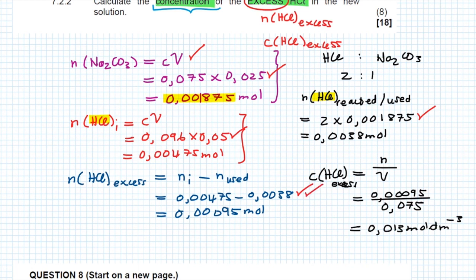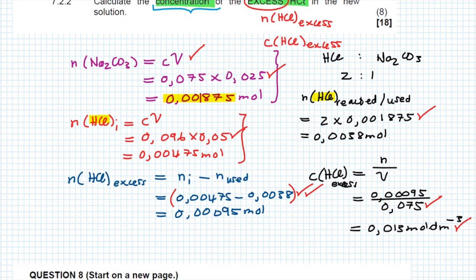That is 2 marks. Unfortunately, they don't indicate where or whether or not. No, they do indicate. I do apologize. Both of these marks are awarded for the workings, alright? So your workings need to be correct. Then, grade 12, you're going to get 1 mark for dividing by the correct volume, 0.075, and your final mark for this question out of 8 marks you get for the final answer.